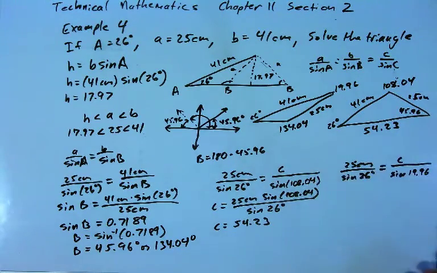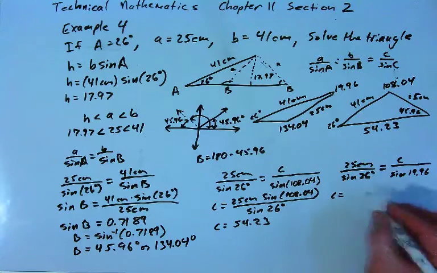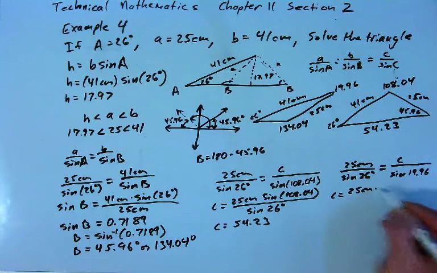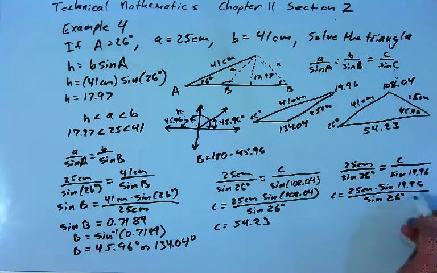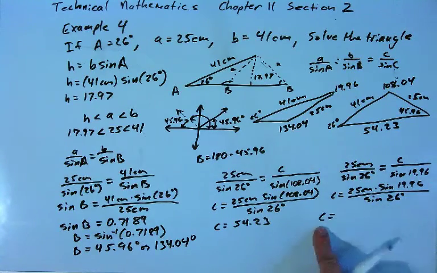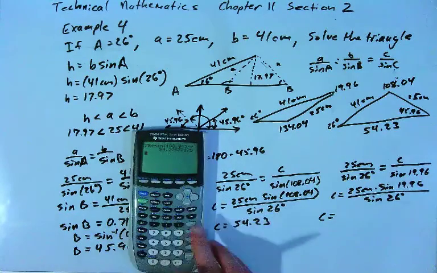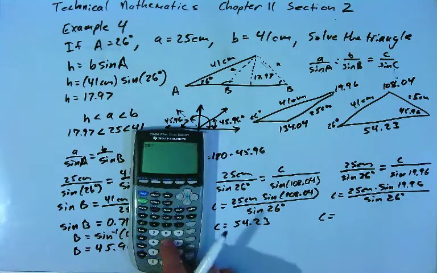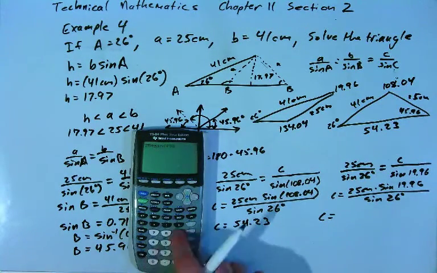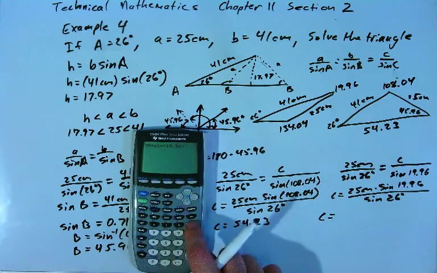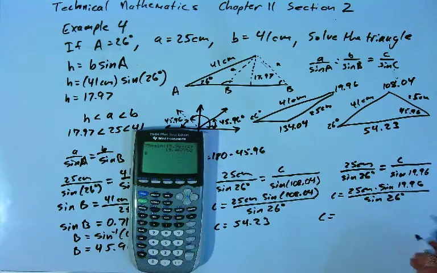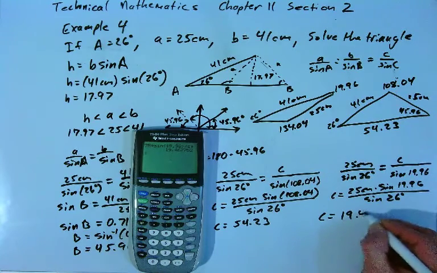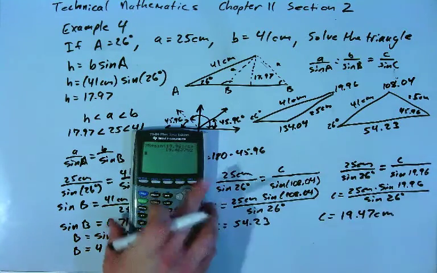Same thing, we'll multiply both sides by sine of 19.96, and c will be equal to 25 centimeters times the sine of 19.96 divided by the sine of 26 degrees. And so we'll find side c. Type that into the calculator. 25 times the sine of 19.96, close parentheses, divided by the sine of 26, close parentheses, equals 19.47 centimeters.